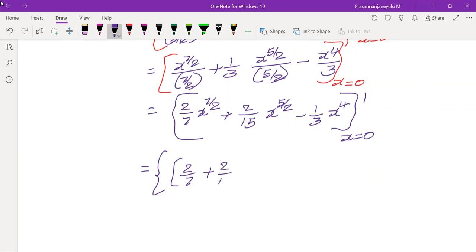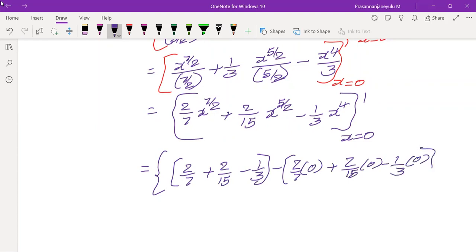Plus 2 by 15 into 1 power 5 by 2 is 1, minus 1 by 3 into 1 power 4, which is 1 only. Minus, applying the lower limit, 2 by 7 into 0 power anything is 0, plus 2 by 15 into 0, minus 1 by 3 into 0 power 4 is also 0.